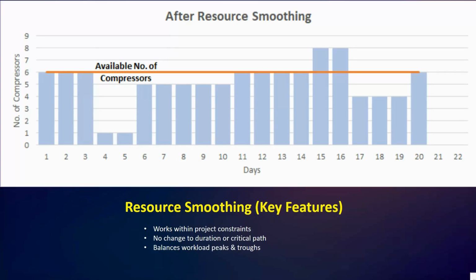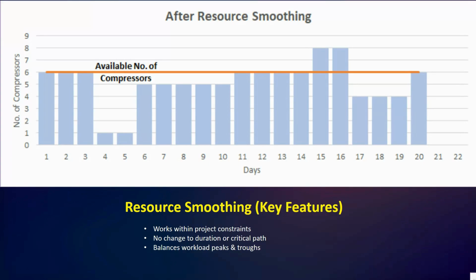Okay, so next we have resource smoothing key features. So some key features of resource smoothing includes, here you can see works within project constraints, no change to duration or critical path. Then balance workload, peak and trough. Okay, so actually resource smoothing works within the given project constraints, managing no change in project completion date.